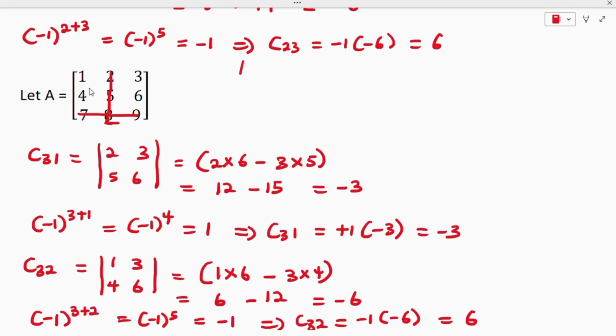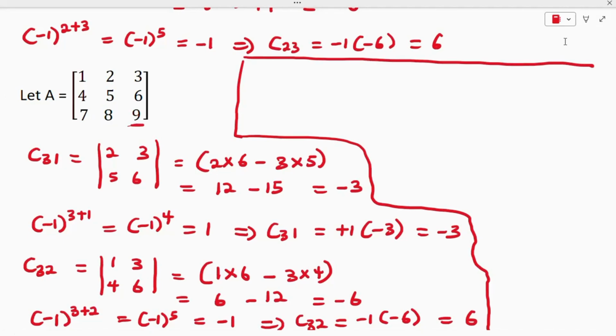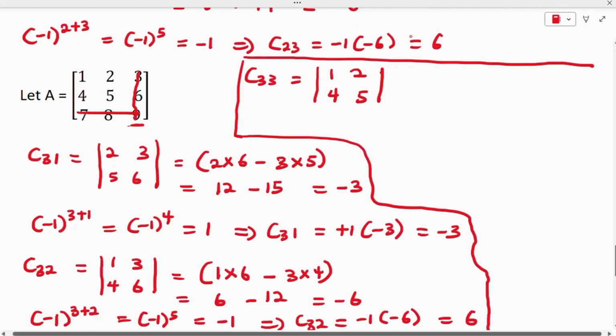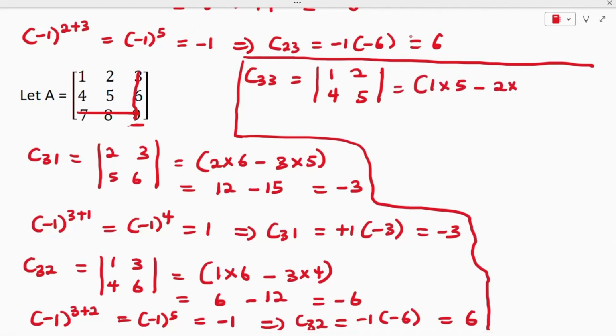So lastly, let's solve for C33. For C33, this row is out and this column is out, so we have 1 2 4 5. Look for the determinant: 1 times 5 minus 2 times 4, which is 5 minus 8, and this is equal to minus 3.